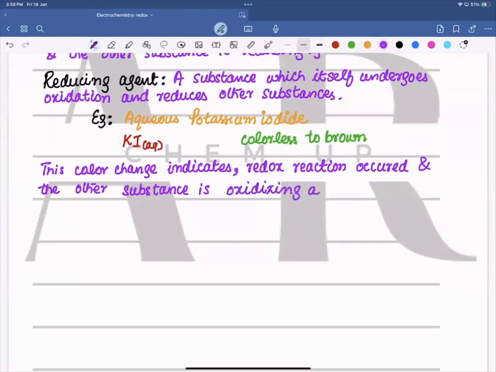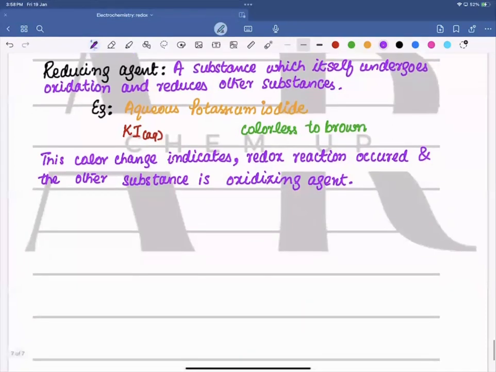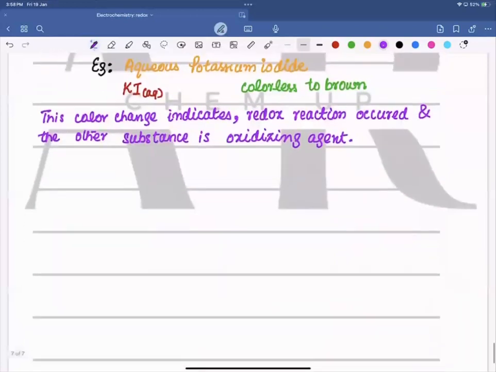So now we have understood that the one which undergoes reduction, which reduces itself, is an oxidizing agent, and the one which oxidizes itself is a reducing agent. Is this clear to all of you? Yes, sir.